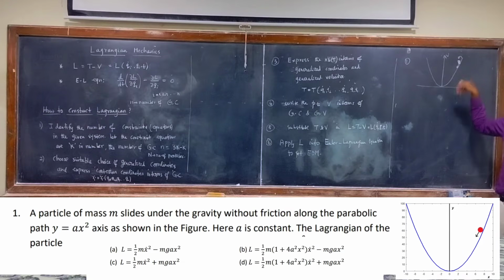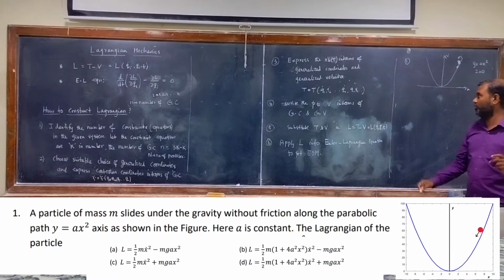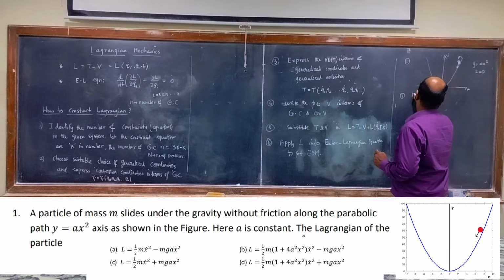But what is the constraint equation? y is equal to a x square. This is a constraint. Any other constraint? z is equal to 0, because it cannot move out of the plane. Very good. So we have two constraint equations. So first step, k is equal to 2.